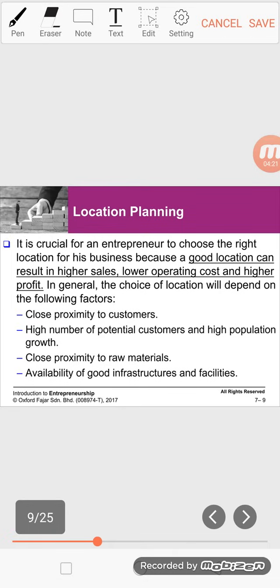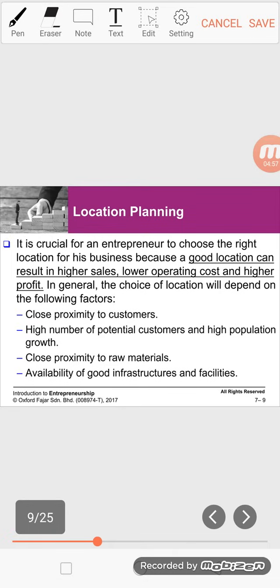Close proximity to customers. This is one of the important factors that entrepreneurs have to think about whenever they want to market their product and also their services. It must be close to the customers. If it is far, then it is difficult for customers to reach us and difficult for the entrepreneurs to attend to the customers. High number of potential customers and high population growth.